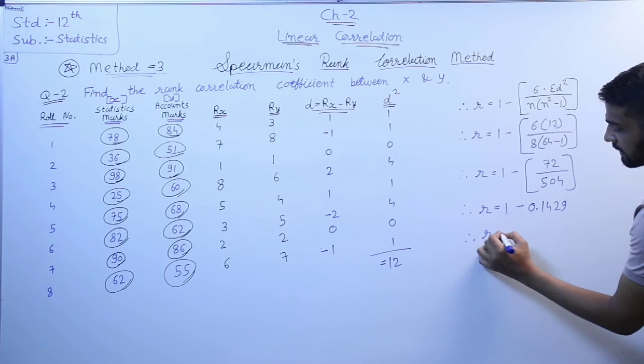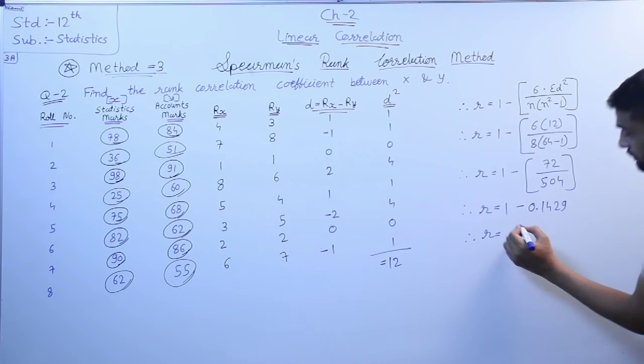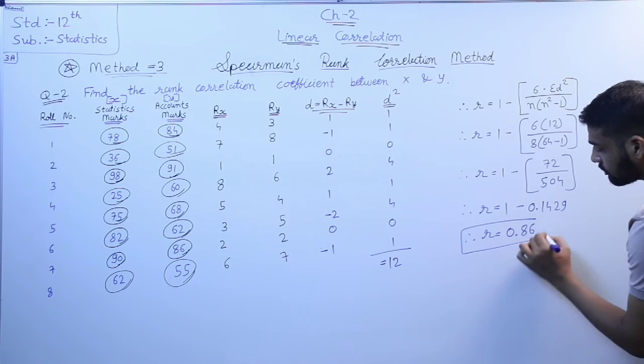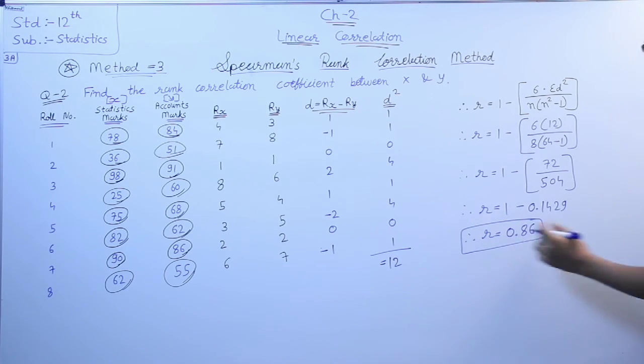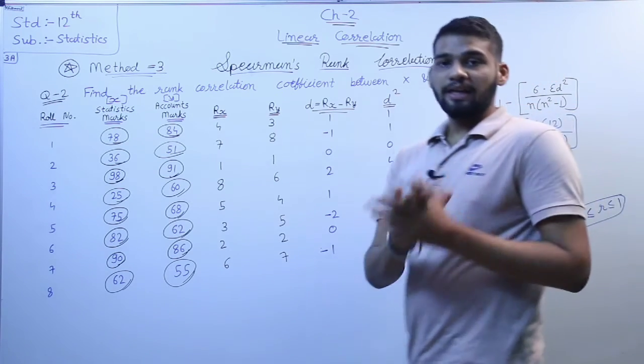So our final answer of r is equal to 0.86. All students, did you get how to find the r value? This answer is also between -1 and +1. Okay students, please note down this sum in your notebook.